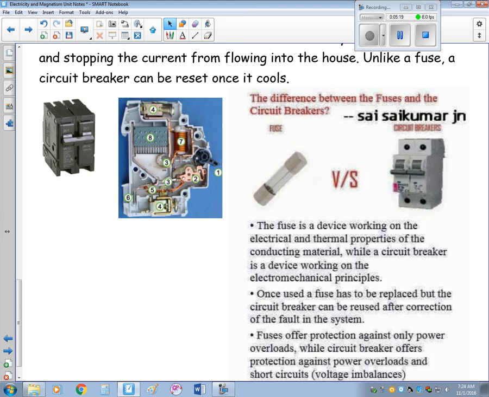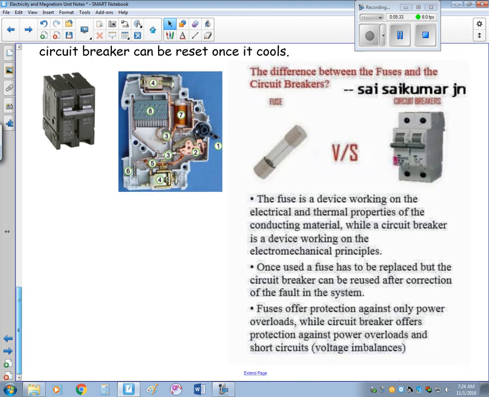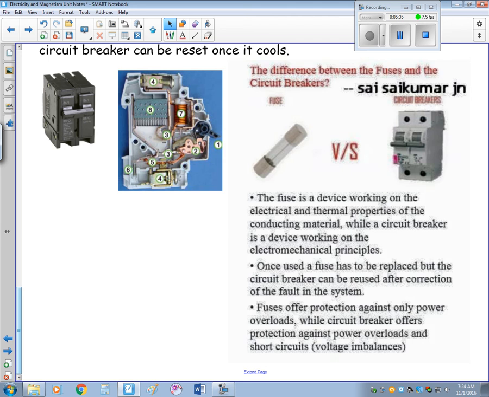And again, the purpose of this is to protect your home, because if the current reaches a certain value in your home, it can potentially start a fire. In this little graphic over here, it discusses the differences between fuses and circuit breakers. Just take some time and read it. It's not too much, but I'll let you take a look at that.